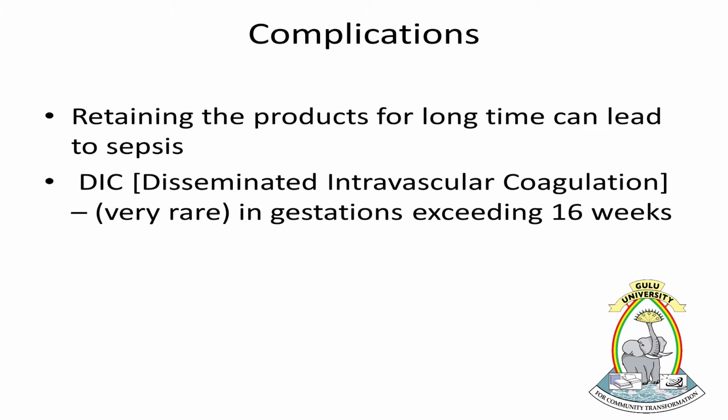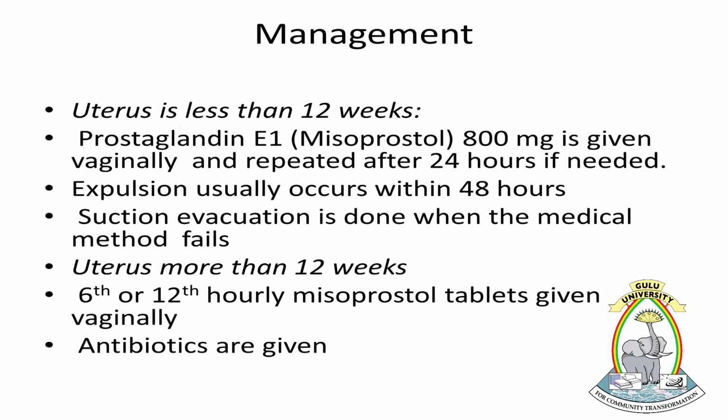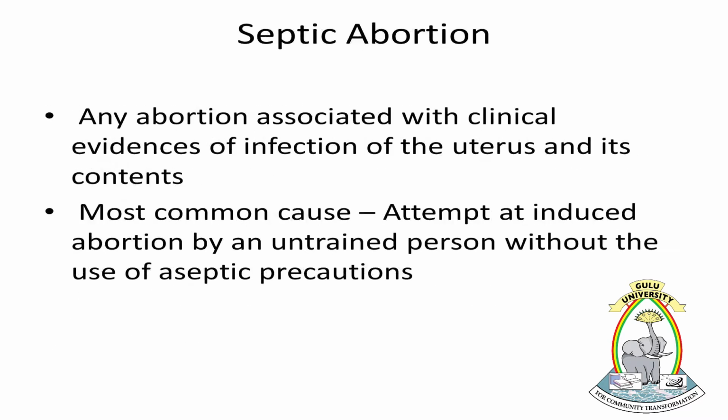A rare thing, though it can occur for a fetus above 16 weeks of gestation. Of course, the management here is that you need to evacuate. If it is less than 12 weeks, you need to consider the changes that are done, and I think you'll see it from the word, what is done on a missed abortion when they come.